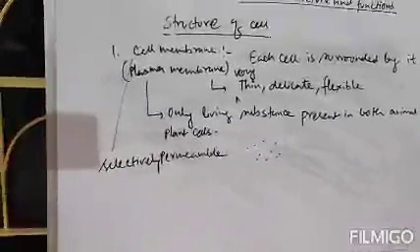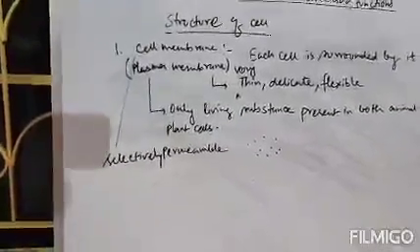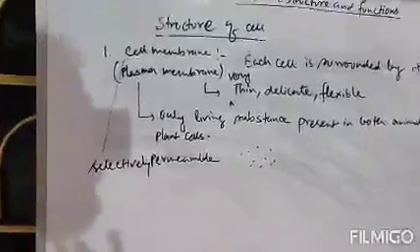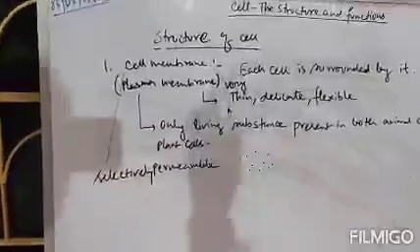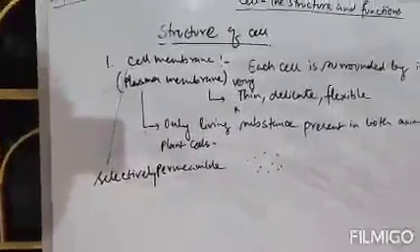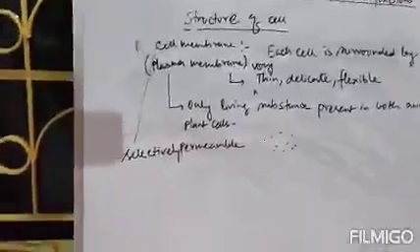The pores allow certain substances to pass through the cell membrane. Those substances which are harmful, it will not allow to pass. Only those substances that are not harmful to the cell will pass. That means the cell membrane is very selective to substances. That's why it is called selectively permeable membrane. Clear?